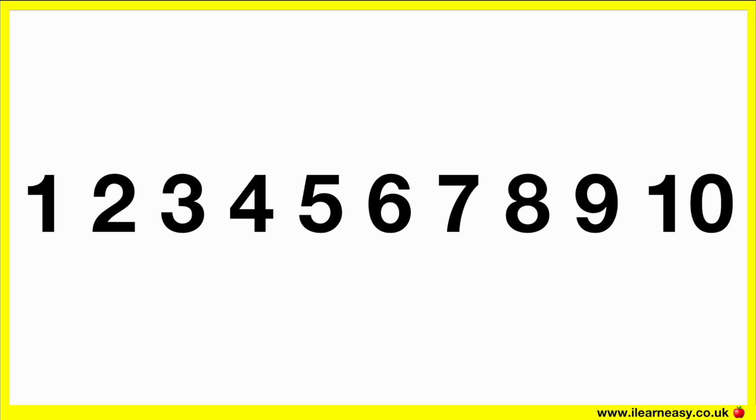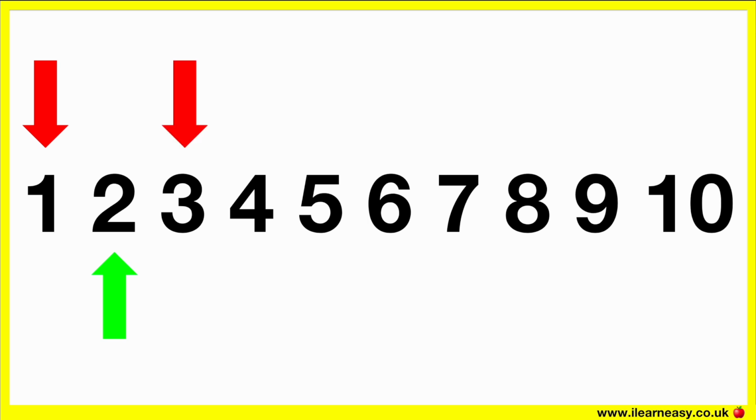Is the number 1 even or odd? It's odd. The number 1 is odd because it can't be split into 2 equal parts. Is the number 2 even or odd? The number 2 is even because it can be split into 2 equal parts. Is the number 3 even or odd?